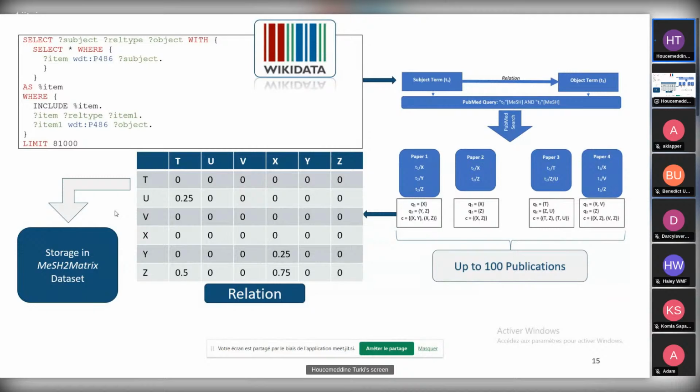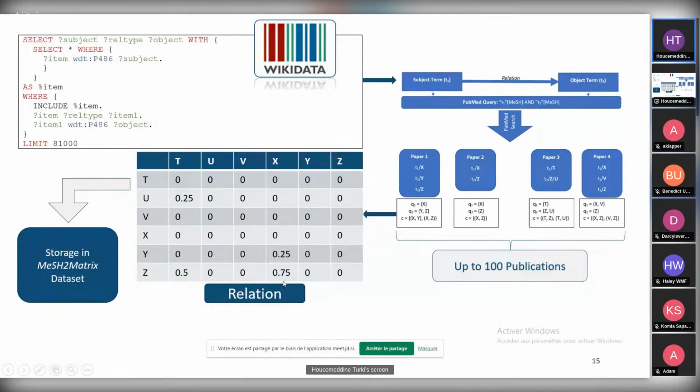And then we extract the qualifiers of the subject and the object in every paper of the search results. So we are processing up to 100 publications per query. And then we are tracing a table of the association between the subject qualifiers and the object qualifiers. So like this, we obtain a matrix of MeSH qualifier associations.